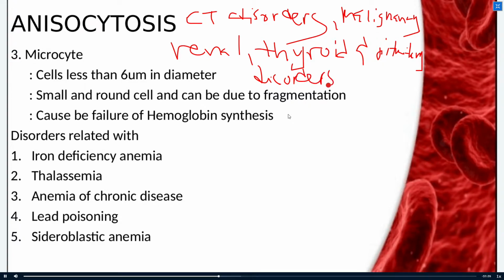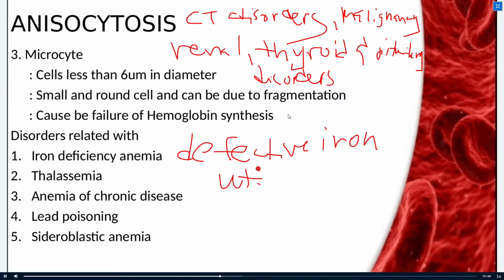Now, this type of diseases, class, are chronic. When you say chronic, matagal nang meron, for long term yung disease niya. Now, what happens would be there is a defective iron utilization in the body. These disorders would cause defective iron utilization, leading to your microcytes.